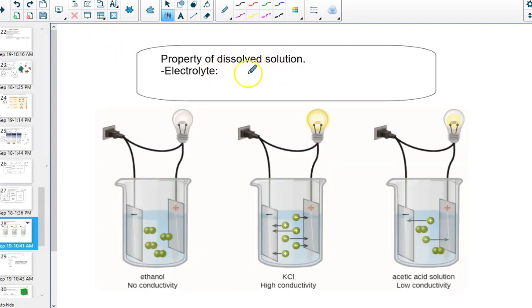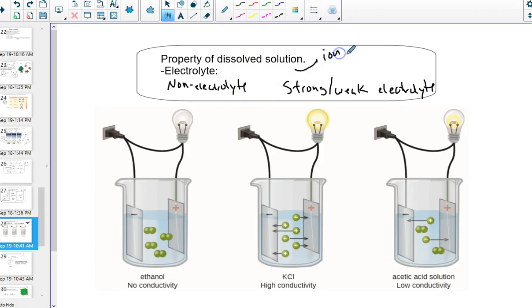So a property of a dissolved solution is called an electrolyte or a non-electrolyte. There might be another one called a strong or a weak electrolyte. It really has to do with the amount of ions dissolved. So, only ions dissolved.